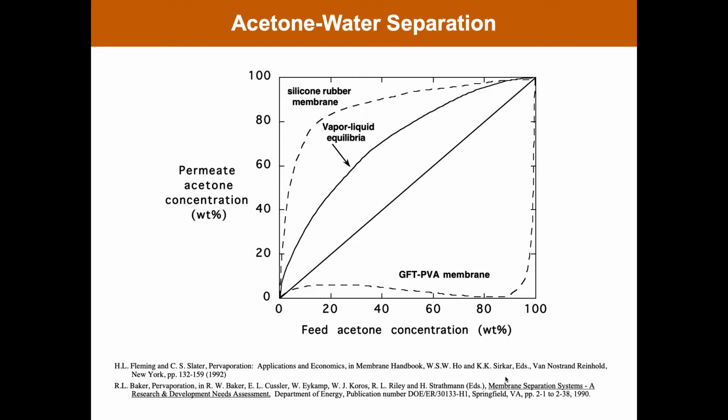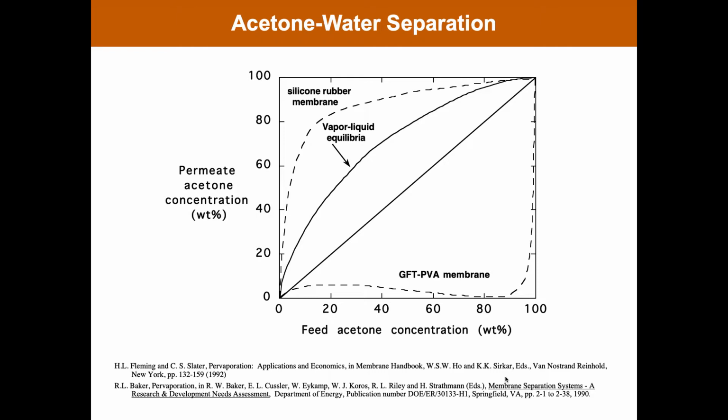And the idea is that you get the benefit of the evaporation step because you are converting liquid feed to gaseous product, plus any additional benefit that would come from any selectivity that the membrane would have for those two components, pervaporation, permeation plus evaporation.